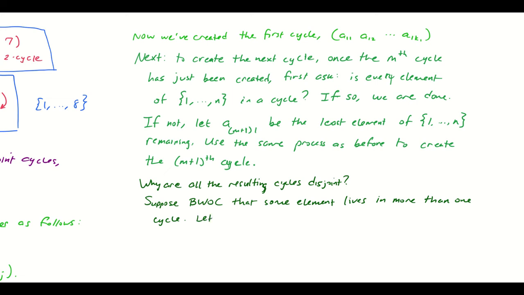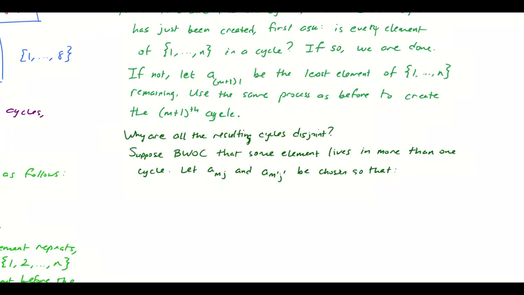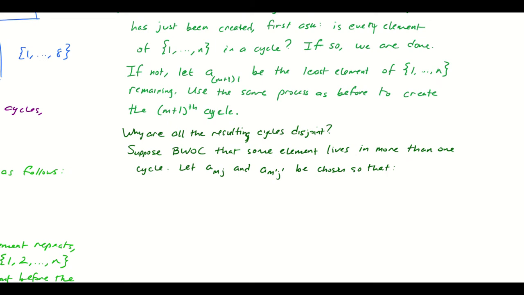So let's say A sub M, J, and we'll call it J for Michael Jordan, just kidding, and A sub M prime, J prime be chosen. And then I'm going to give a bunch of conditions on how they're going to be chosen. Okay, first of all, I want to choose them so that these are elements of two distinct cycles that are the same element.